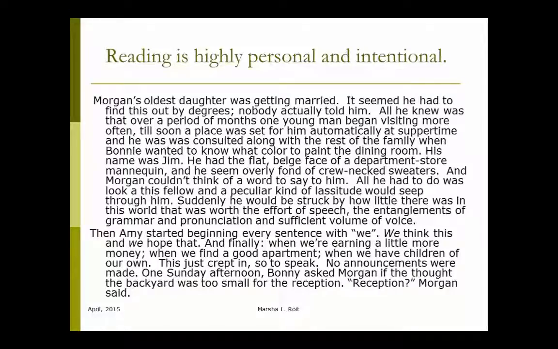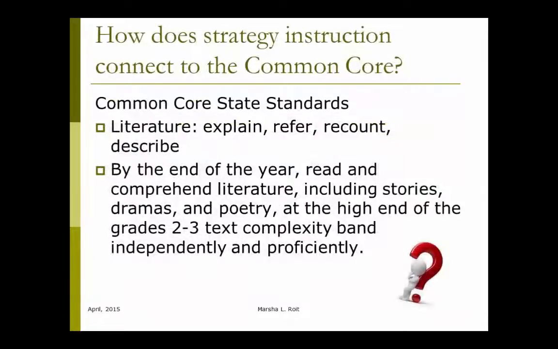Well, you can certainly make a connection to Morgan, who is feeling those very same feelings that you are. If you haven't planned a wedding before, you may not be able to connect in the same way. So we need to realize that strategies are very personal, they're very intentional, and much of it depends on the background each and every one of us brings to a text as a reader.